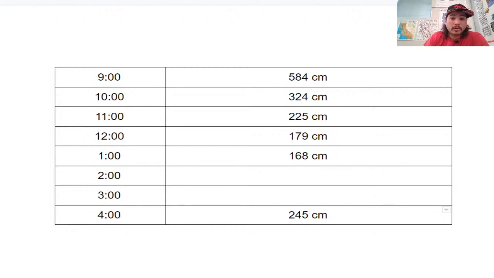On our exit ticket, you're going to be answering a few of these questions, like what time were the longest and the shortest shadows. So make sure to look at this data right now. What time has the longest shadow? What time has the shortest shadow? Just leaving it up there for you. How nice am I?